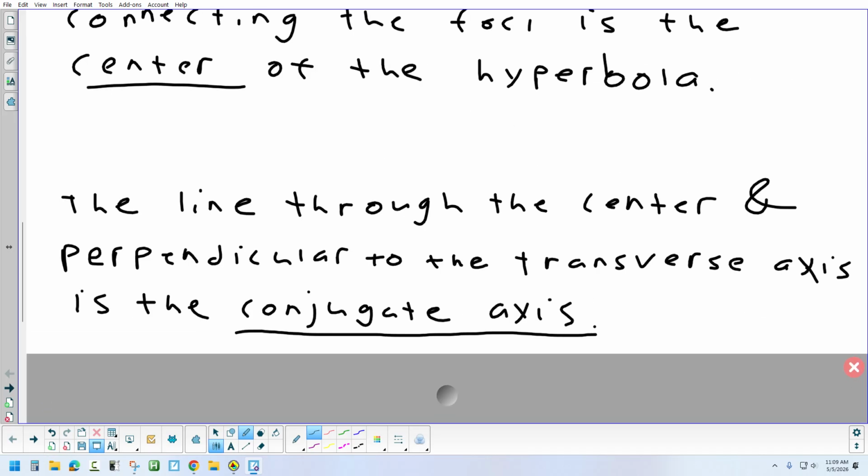Okay, and now yesterday we had a name for the axis that was perpendicular to the major. What did we call that yesterday? Yep. Minor axis. Okay, today it's called the conjugate axis. So the conjugate axis is the name of the axis that goes through the center, and it is perpendicular to the transverse axis.